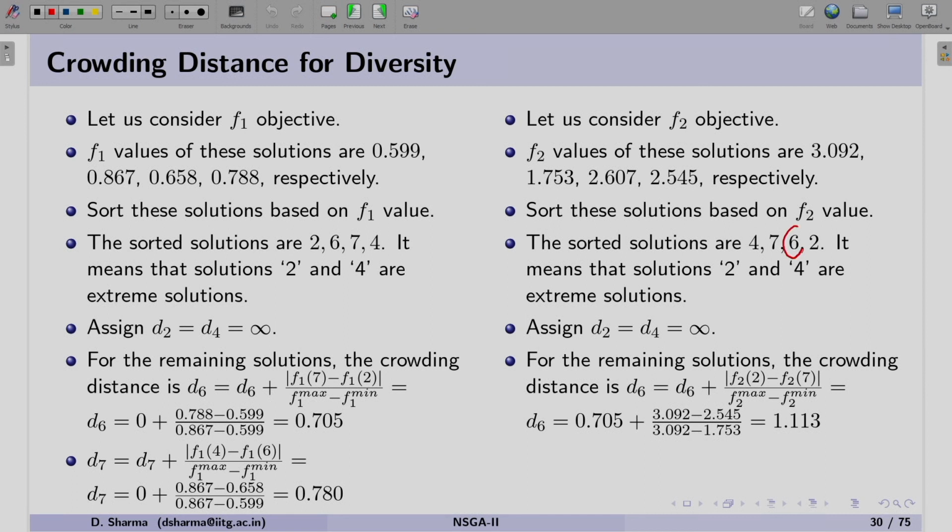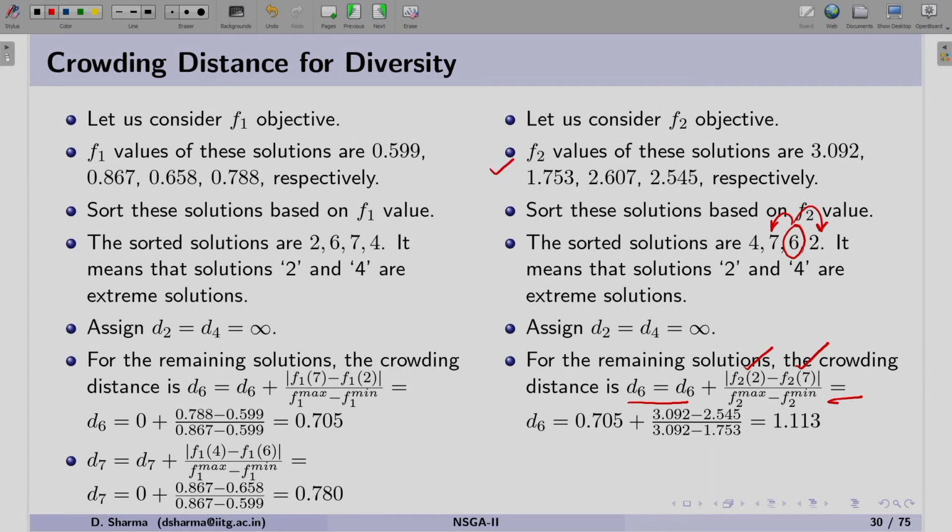Once we have identified it, now we have to calculate the crowding distance of the remaining solutions. So, let us take solution number 6. The neighbors are 7 and 2. So, we will write D6 equals D6 plus (F2 of 2 minus F2 of solution 7) divided by (F2 max minus F2 min).